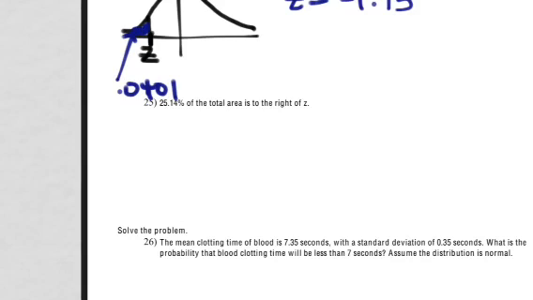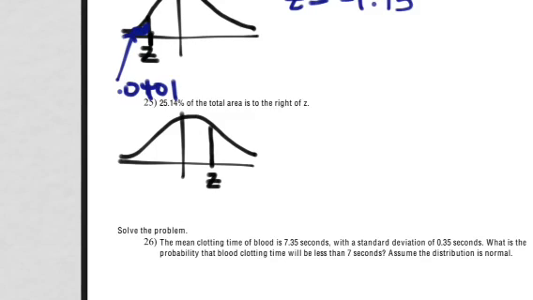In question 25, it's very similar, but not exactly the same. Because this time they are saying that 25% of the area is to the right. And then there's several ways to think about this. So of course you know I'm not drawing accurately, but I'm doing my best. This means that 25% of the area, so in this upper tail, these are called tails, by the way.